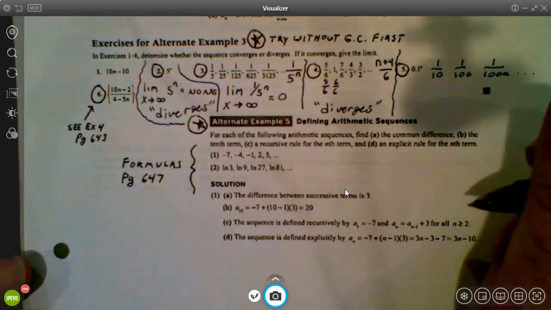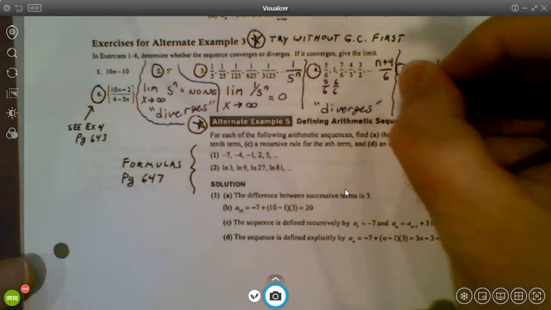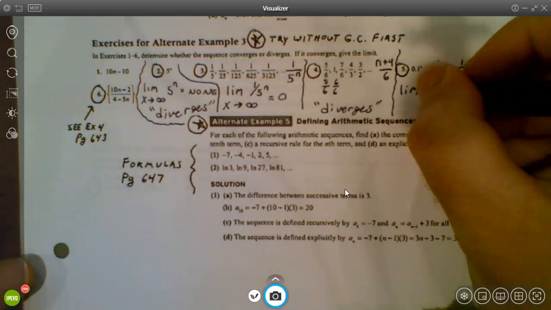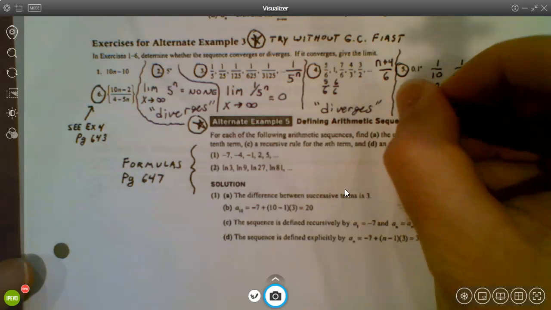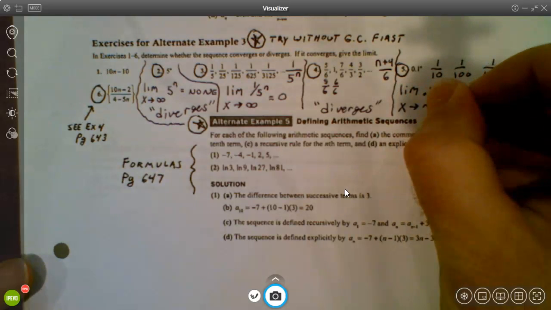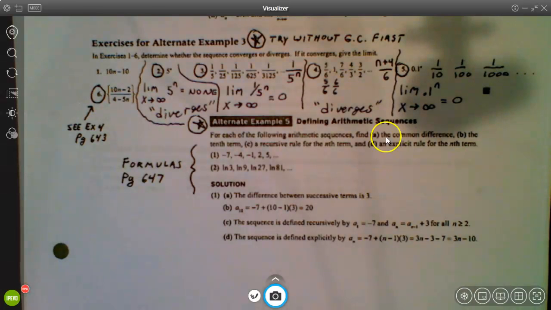So here's another case where we can say that the limit of 0.1 to the nth power as n approaches infinity is 0. As n increases, the value is converging on 0.